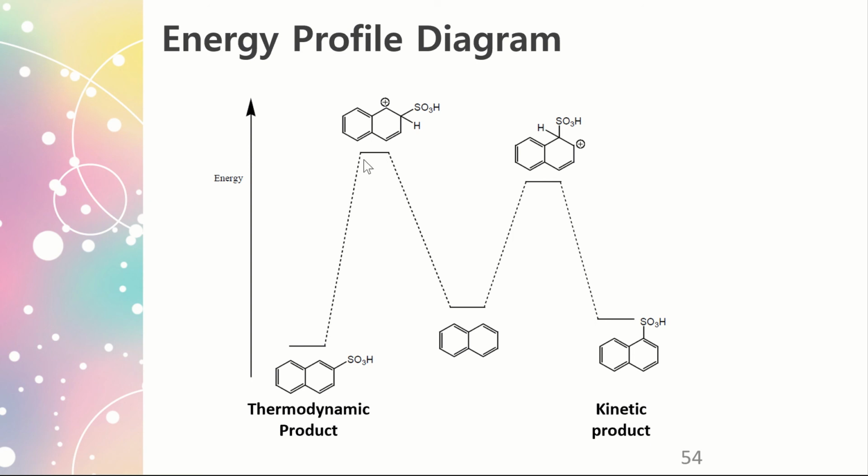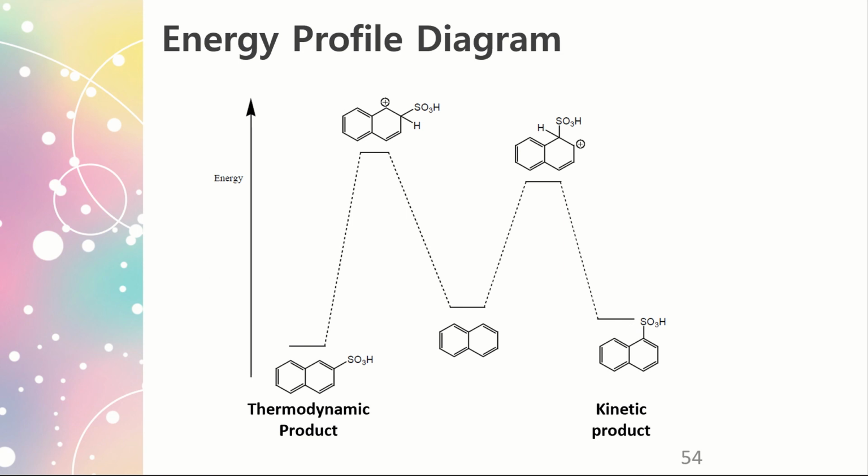So to be clear, again, our areneum ion for the kinetic product is more stable. That is this one, lower in energy. For our final product, that is the sulfonic acid, the 1 versus the 2, we're saying that the 2 is the more stable product versus the 1.